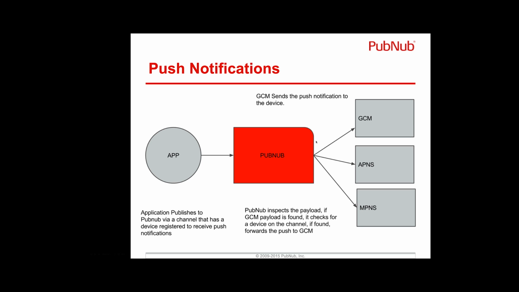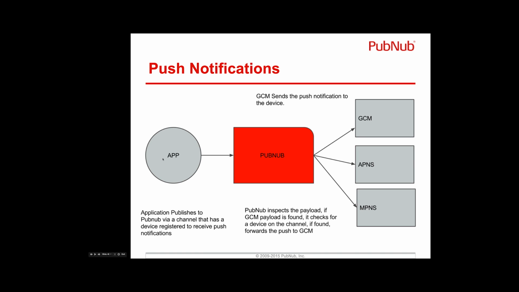And when you have a very specific payload, or a GCM payload, embedded in a message going to the PubNub channel, if there are devices registered on that channel to receive push notifications, PubNub will then forward that push notification to the service provider. So it would either be GCM or APNS or MPNS, whatever the case may be. For Android, it would be GCM. And then GCM, Google, will actually deliver that push to your application.